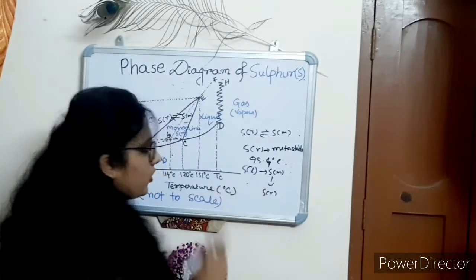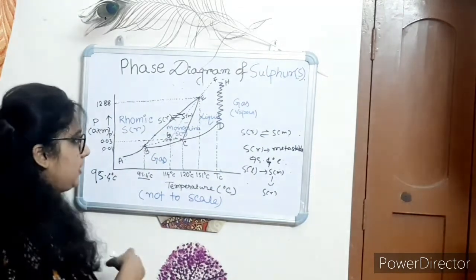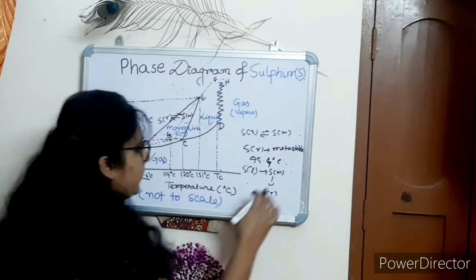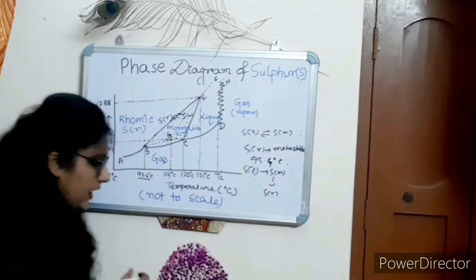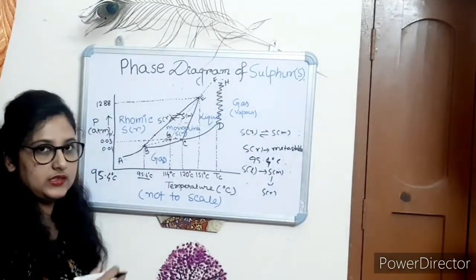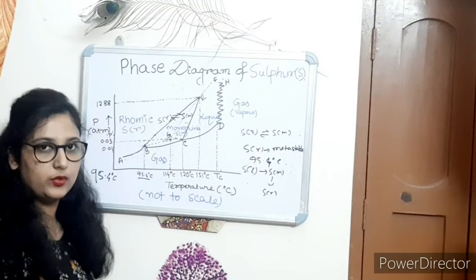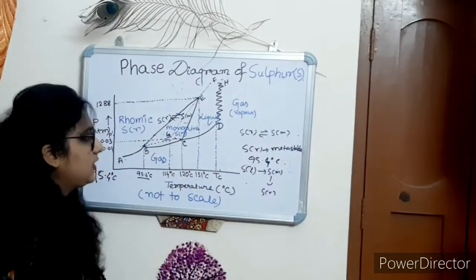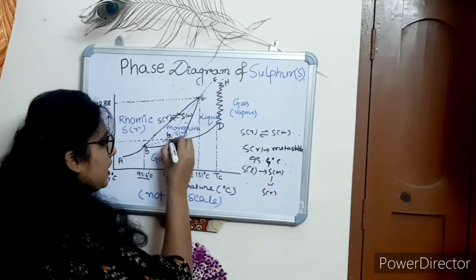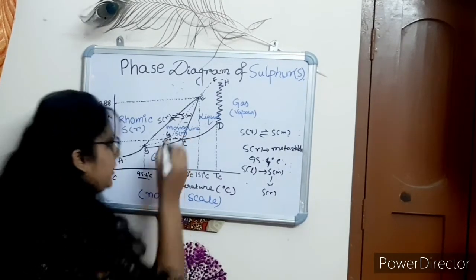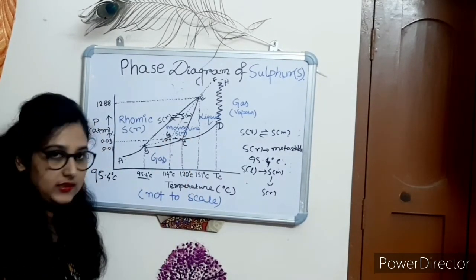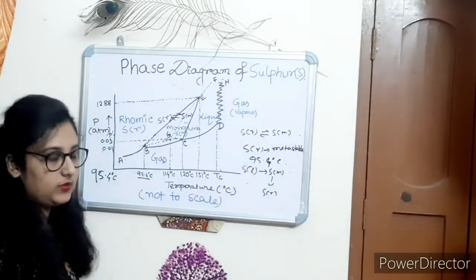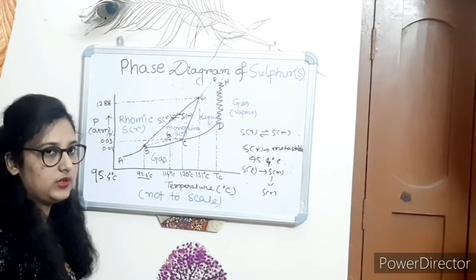But if the process is not slow, if it is a very quick process, then you get sulfur in the monoclinic state, but this is a supercooled sulfur in the monoclinic state, and this monoclinic state is not the stable state. This point arises at the intersection, because this is a supercooled monoclinic state.